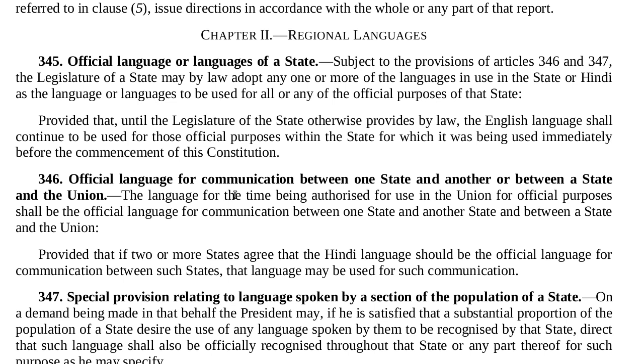The language for the time being authorized for use in the Union for official purposes shall be the official language for communication between one State and another and between a State and the Union, provided that if two or more States agree that the Hindi language should be the official language for communication between such States, that language may be used for such communication.